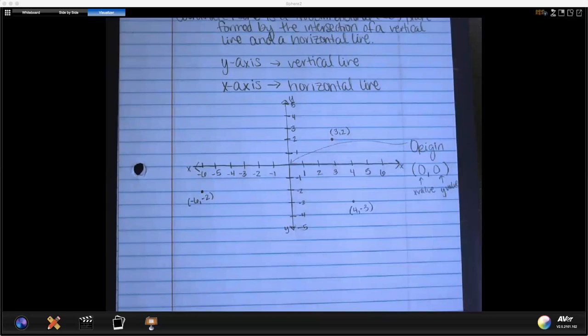Okay, last one, -4, 5. -4, 5. Right, show to a neighbor. -4, 5.